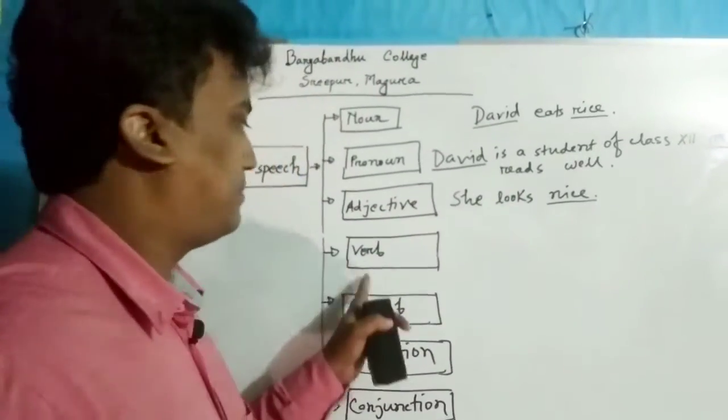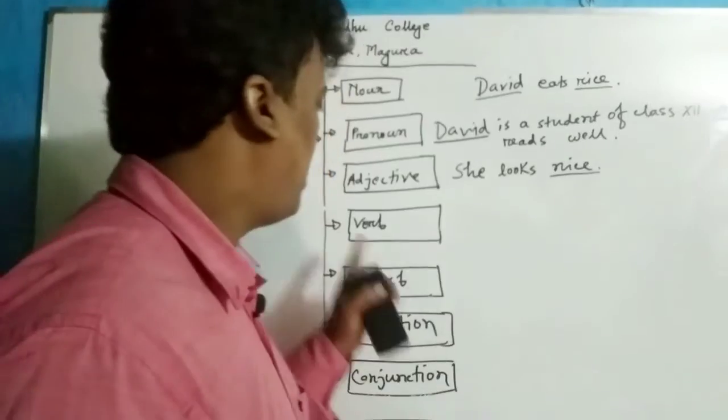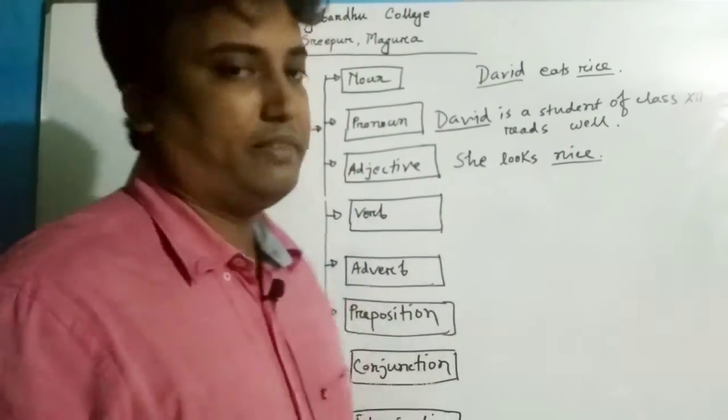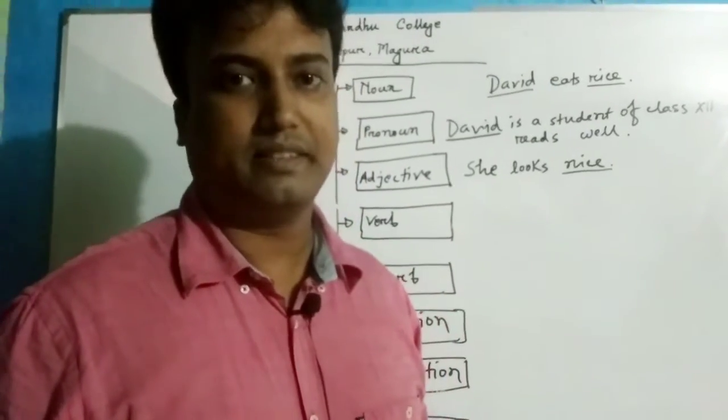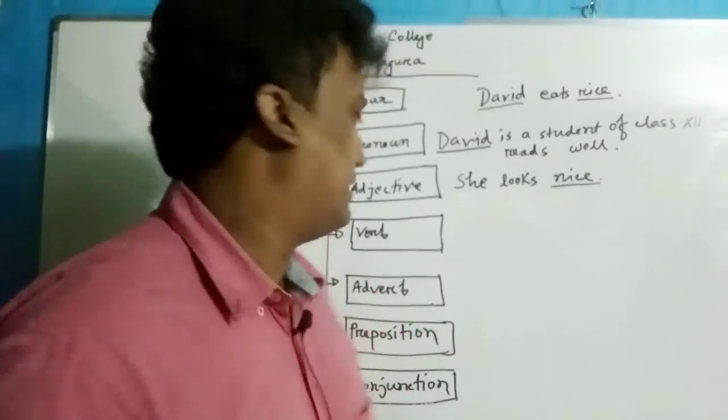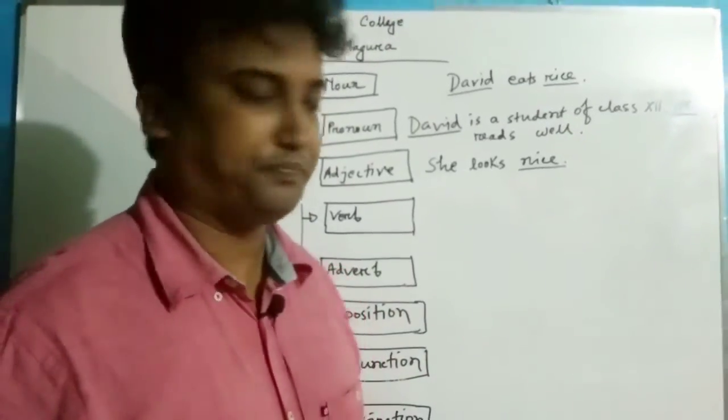So the next one is verb. So what is verb actually? It's very important, you have to know. So verb is a word in a sentence that describes what the subject is doing.